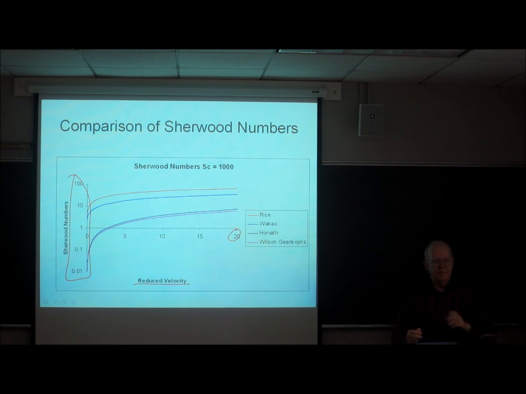This is generally above your optimum reduced velocity in LC and GC. But you can see there's a big discrepancy between these two and these two. This is the Horváth and the Wilson-Geankoplis relationships. These seem to be used a lot more, so I'm going to stick now with the Wilson-Geankoplis. Not that I have any reason to believe that it's right.